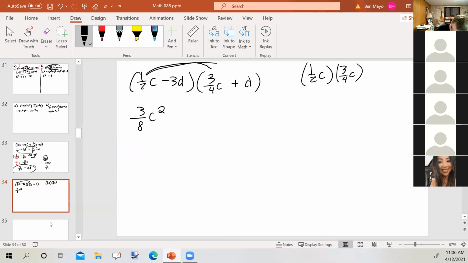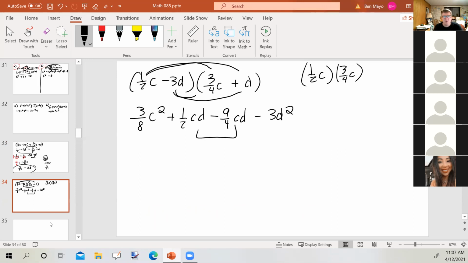And then 1/2 c times d would be plus 1/2 cd. Minus 3d times 3/4 c would be minus 9/4 cd. And minus 3d times plus d is minus 3d squared.